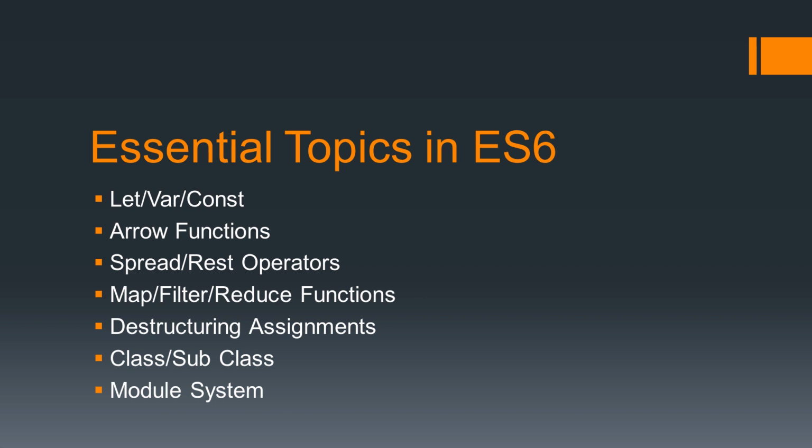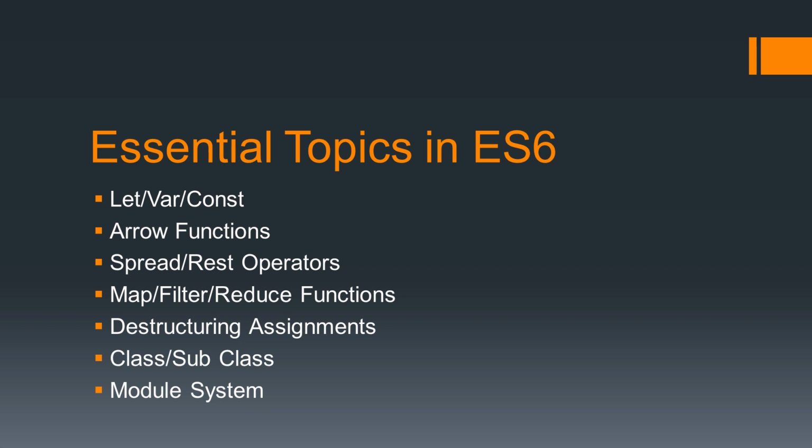Then, spread operator. We can use the spread parameter to get the values of the array instead of using a for loop or any other method. Rest parameters. The rest parameters are used to get the arguments of an array and return a new array.